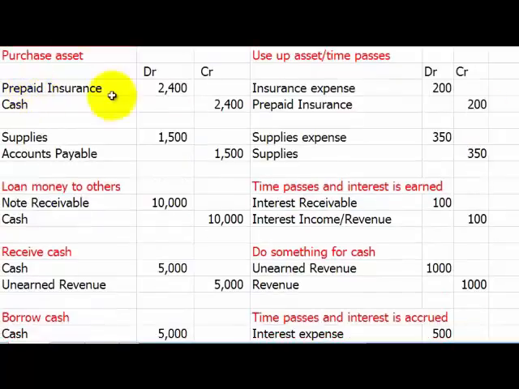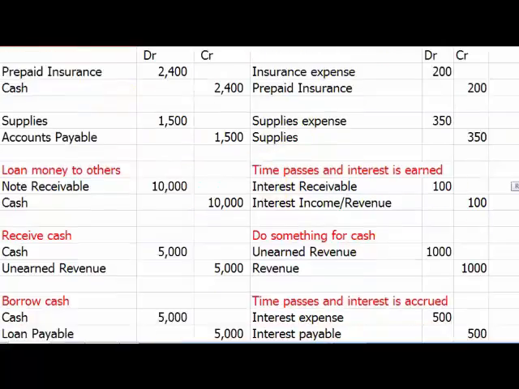So here's the exchange. Time period where it was used is a different time period than when it was exchanged, and so forth. On each one of these, that's what they have all in common, and that's what adjusting entries allow us to do, is do what we call accrual accounting, or the matching principle, which matches revenues and expenses.